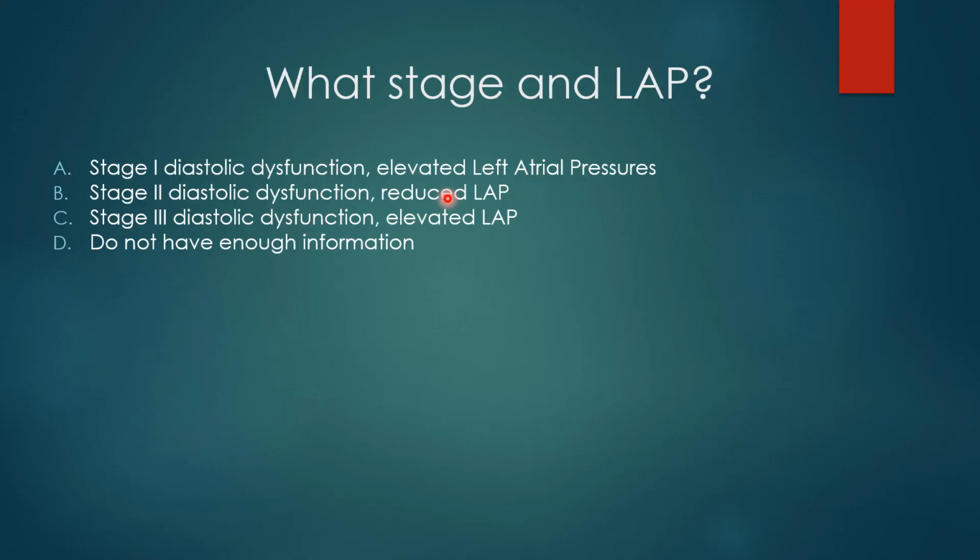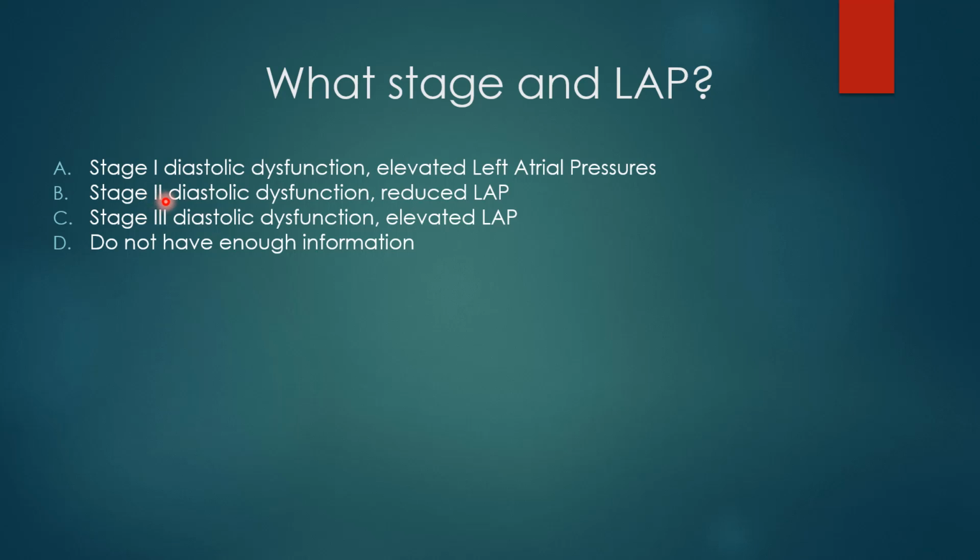So what stage and left atrial filling pressure do we have? We know in stage 1, I showed earlier, the E is smaller than A, so it can't be that. I do have elevated filling pressures. The E is greater than A, so it's either going to be 2 or 3, right?